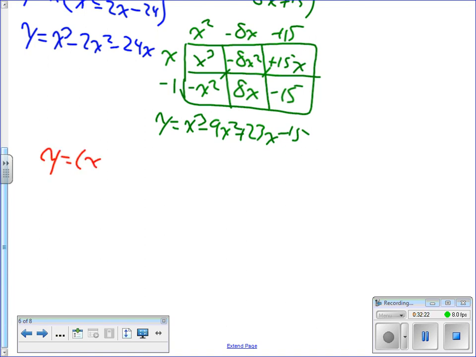Y equals x plus 2, x plus 1, x minus 1, x minus 2. Yay. Watch closely as I perform my mathematical magic.